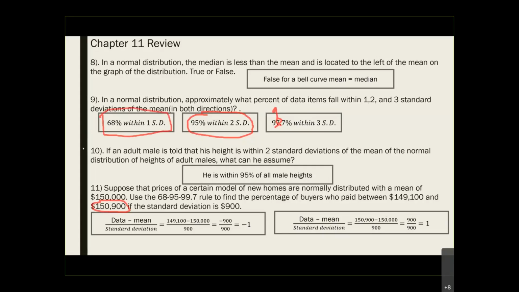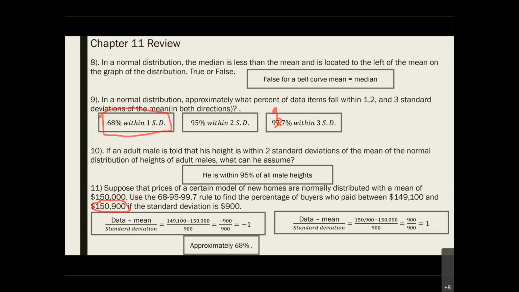So within 1 standard deviation, what is the percentage? We can see that there is 68%. The rule is approximately 68% of your data. If you go to the chart, as we did last time, it is actually 68.28, but because of the empirical rule, we just say approximately 68%.